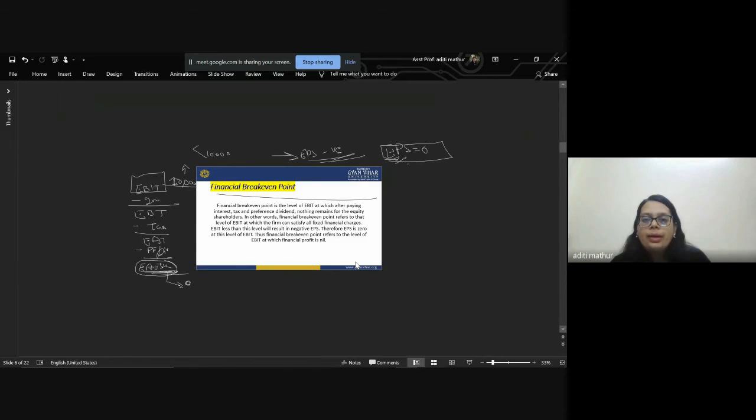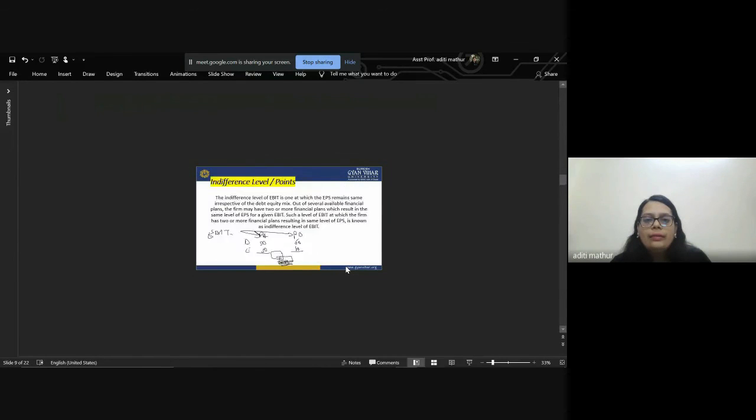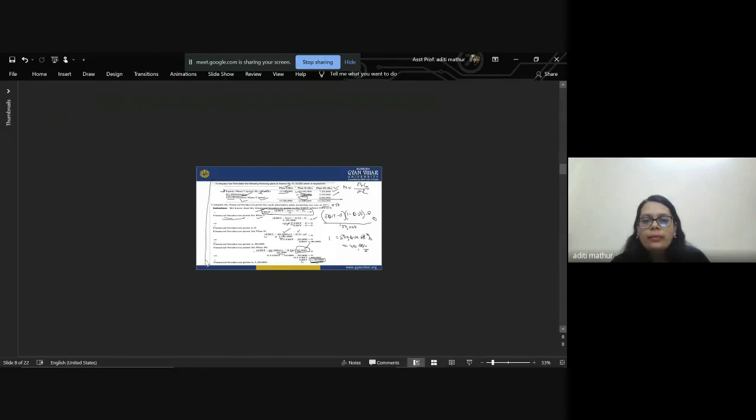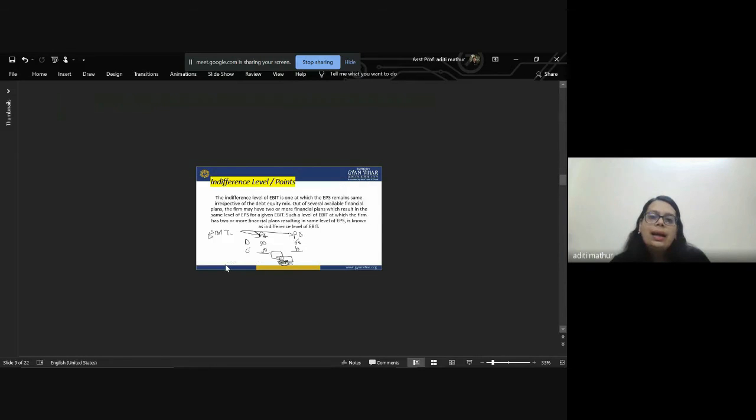This was the formula for calculating your financial break-even point. Then we did a question with 3 plans. Then we understood the concept of indifference point. It is that level of EBIT where your EPS is the same for two or more alternatives.